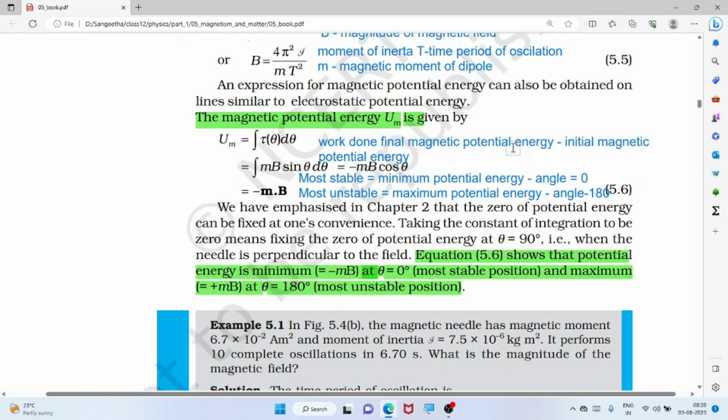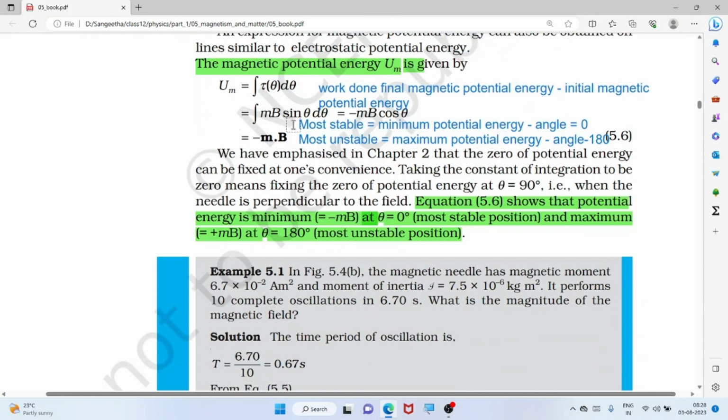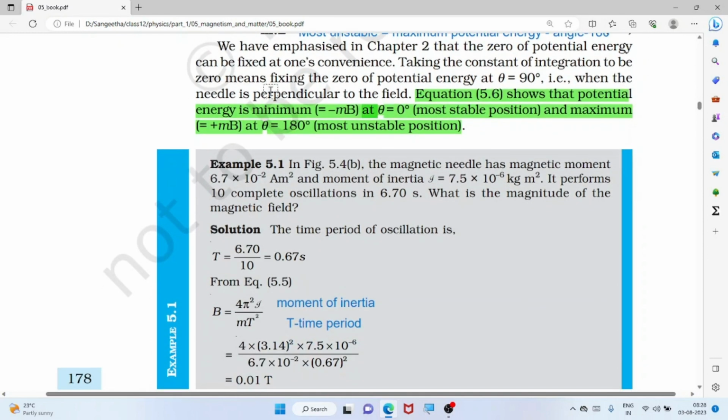In the most stable position, theta is 0, so cos 0 is 1, and the most unstable position is theta equal to 180 degrees. The potential energy is minimum at the most stable position, theta equal to 0, and maximum at 180 degrees, the most unstable position.